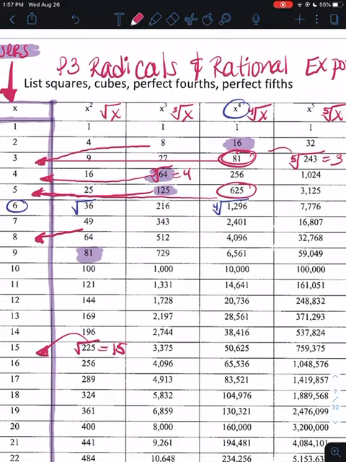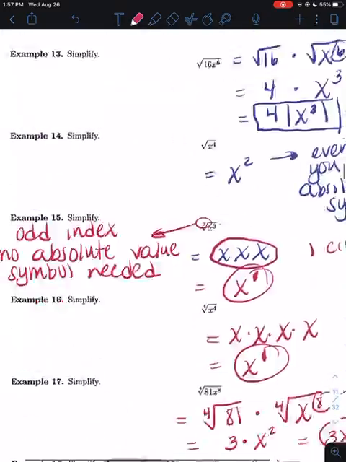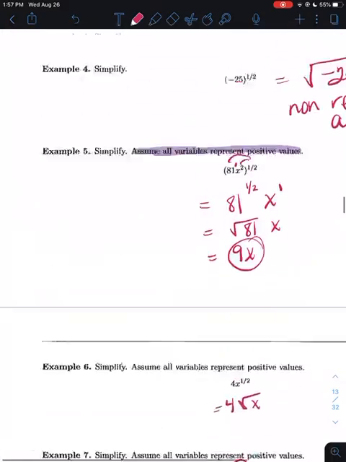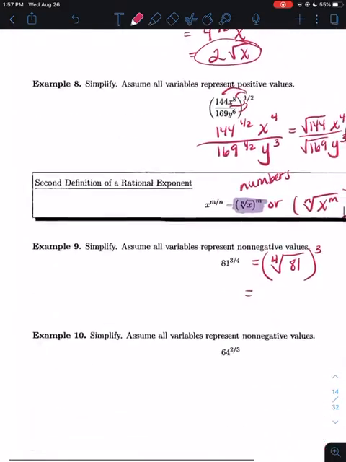There's my 81. The 4th root of 81 is 3. So this is 3 on the inside, and you have a 3 as an exponent. 3 to the 3rd power would be 3 times 3 times 3, which is 27.